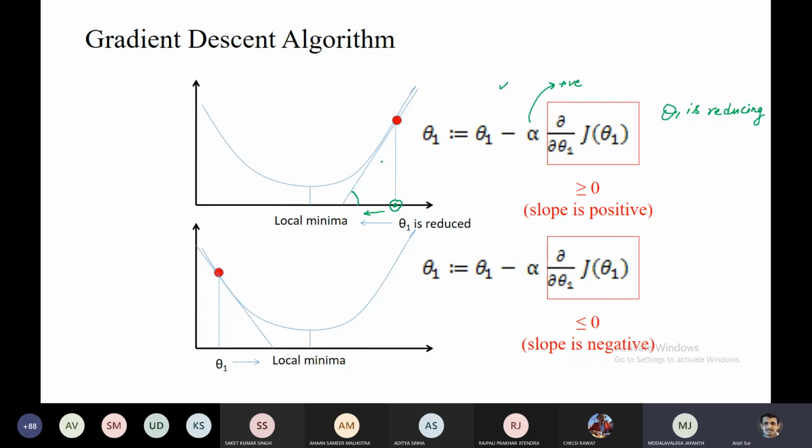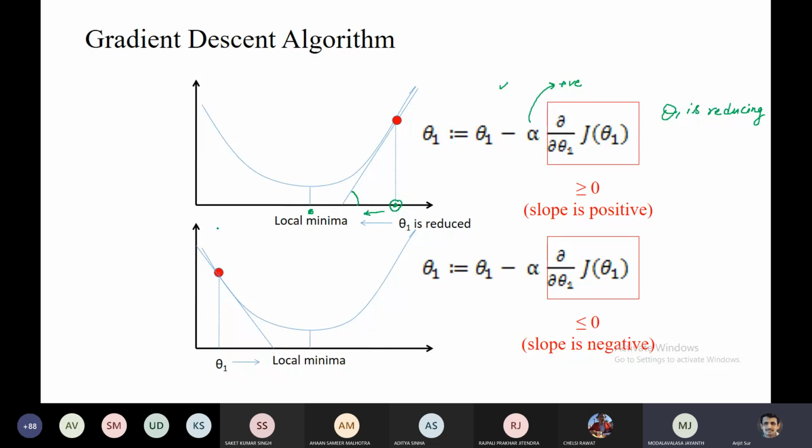The convergence is in the proper direction. Convergence means that you can reach here, or very close to it. So theta 1 is reducing, and this equation makes sense.